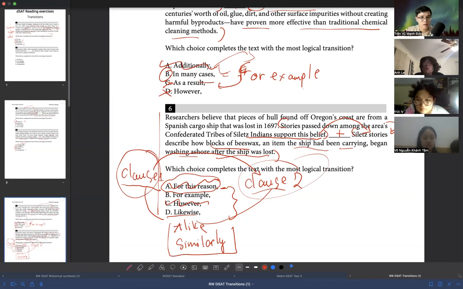They will be giving the same kind of information, right? The equivalent kind of information. So if clause 1 gives out A, clause 2 has to give out A plus or a comma or anything like that. It has to be similar to the previous sentence, right? That is essentially what "likewise" means. "Alike" is the same, "similarly" is the same.